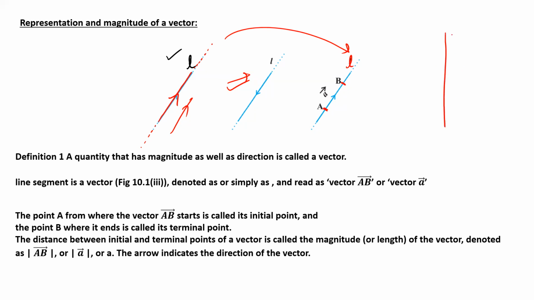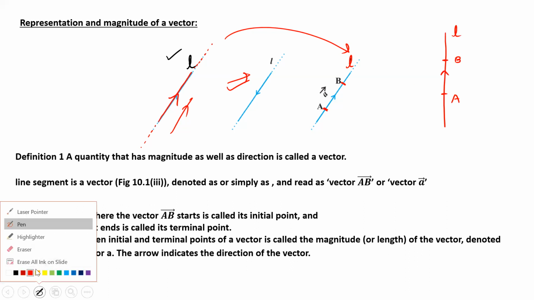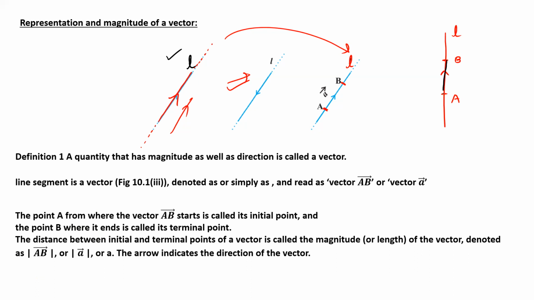Some line L, and we'll take a small part of it, and let us give this part the name A, B. So now we are giving a particular name for only this region, that is vector small a.